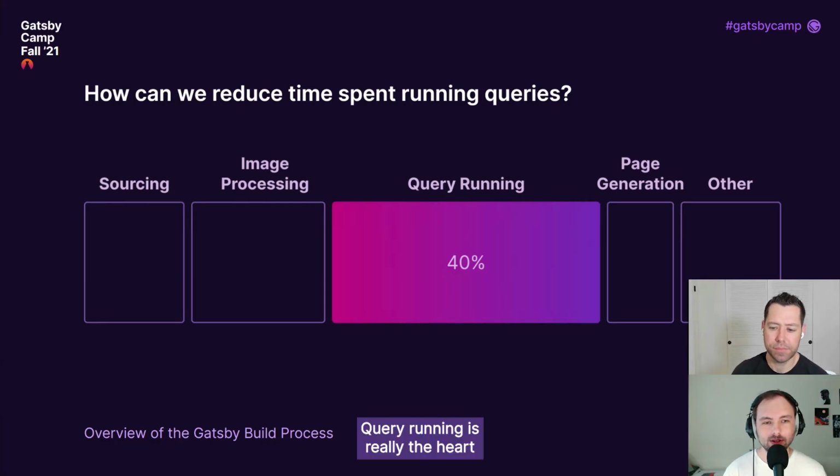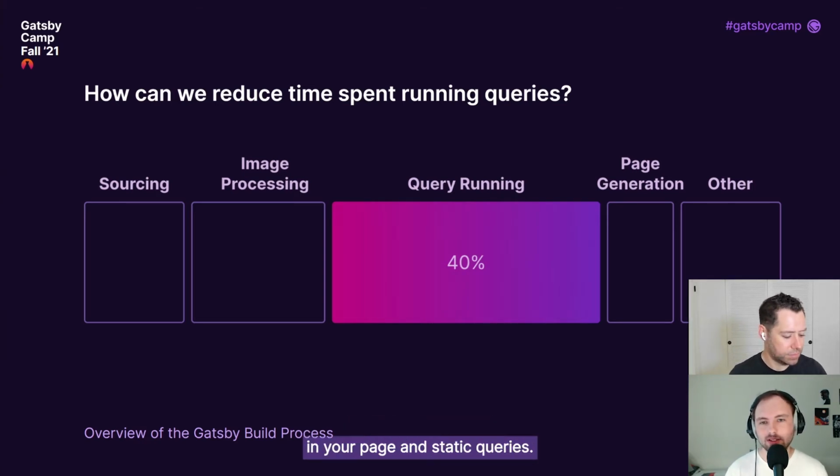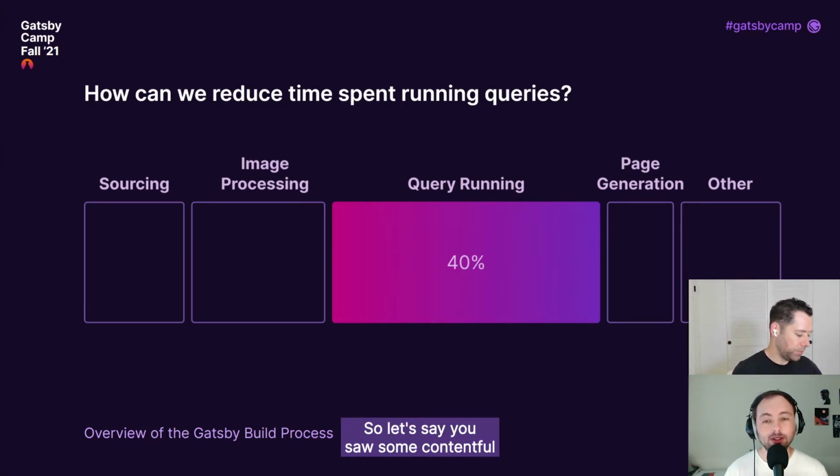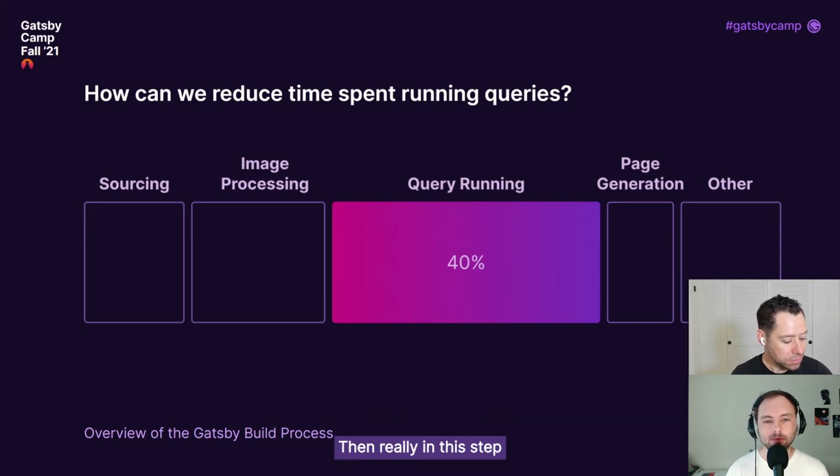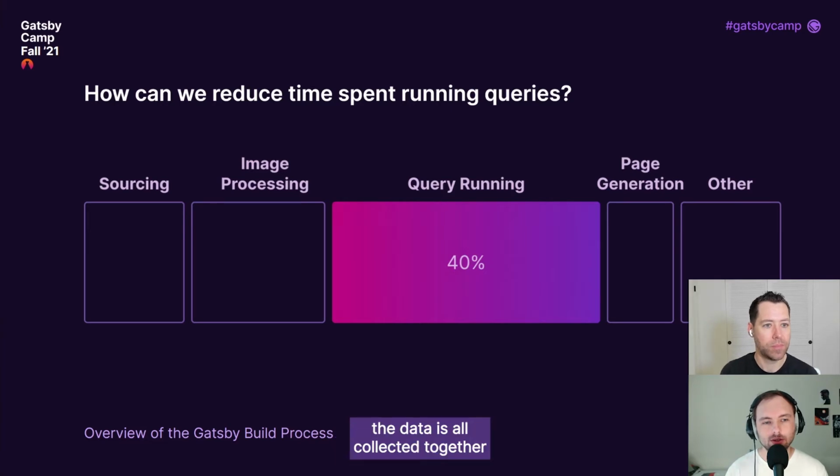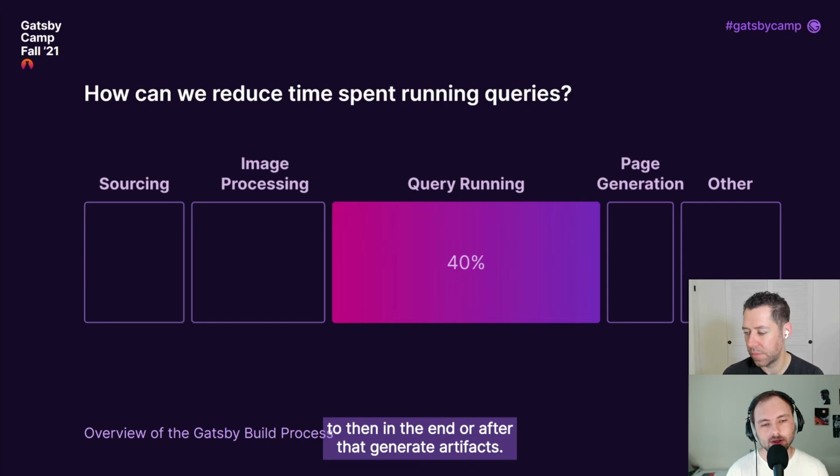Query running is really the heart of getting the data that you requested in your page and static queries. Let's say you source from Contentful and you have Markdown and so on. Then in this step, the data is all collected together to then generate the artifacts.